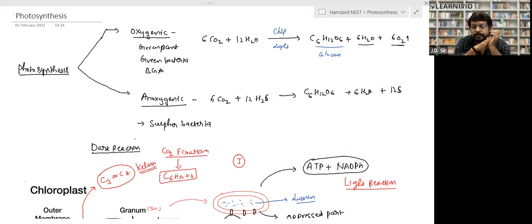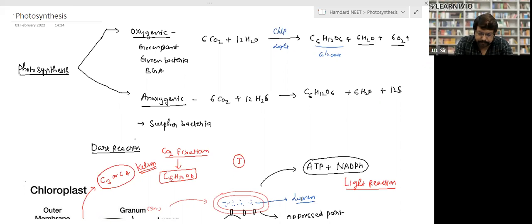Anoxygenic photosynthesis is the process in which production of oxygen does not take place in the process of photosynthesis.